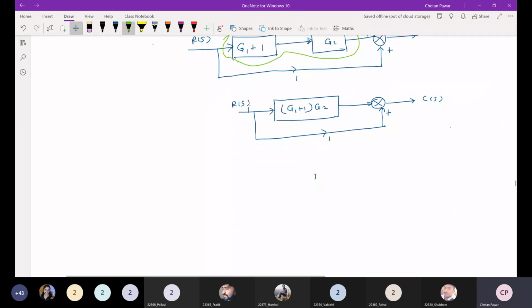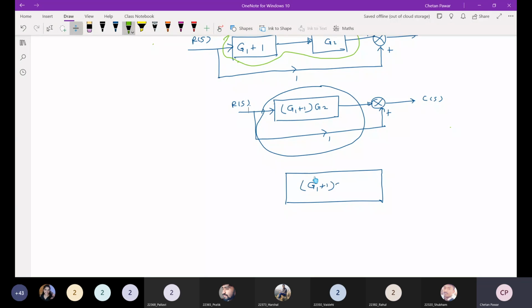So now these two blocks are in parallel. So the final transfer function we are getting is G1 plus 1 into G2 plus 1. Okay. So this is the final transfer function we are getting, right? So this will be your final answer.